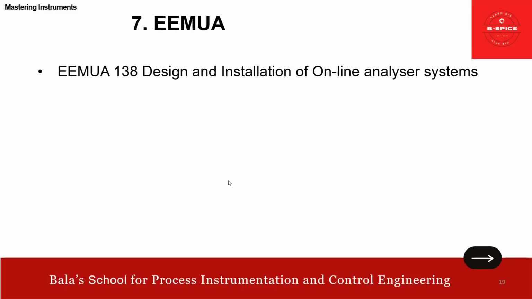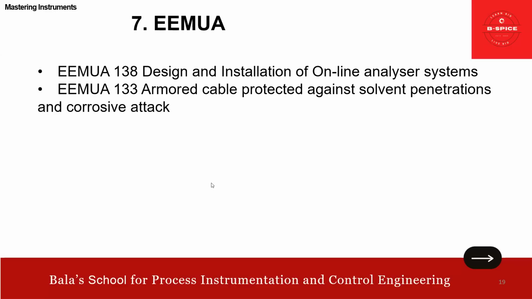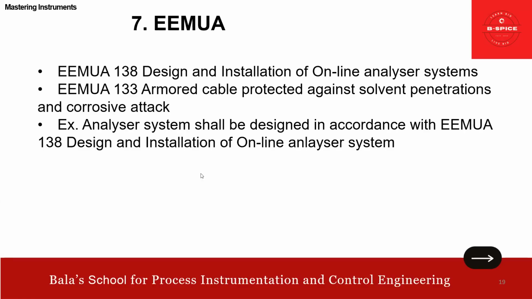Then EEMUA. EEMUA 138 talks about the design and installation of online analyzer systems. EEMUA 133 talks about armored cable protected against solvent penetration and corrosive attack. For example, analyzer systems shall be designed in accordance with EEMUA 138.